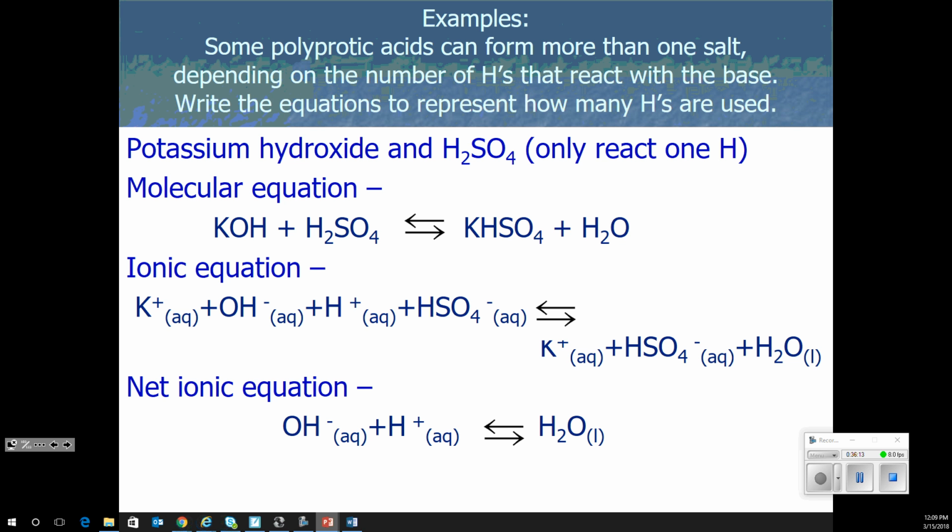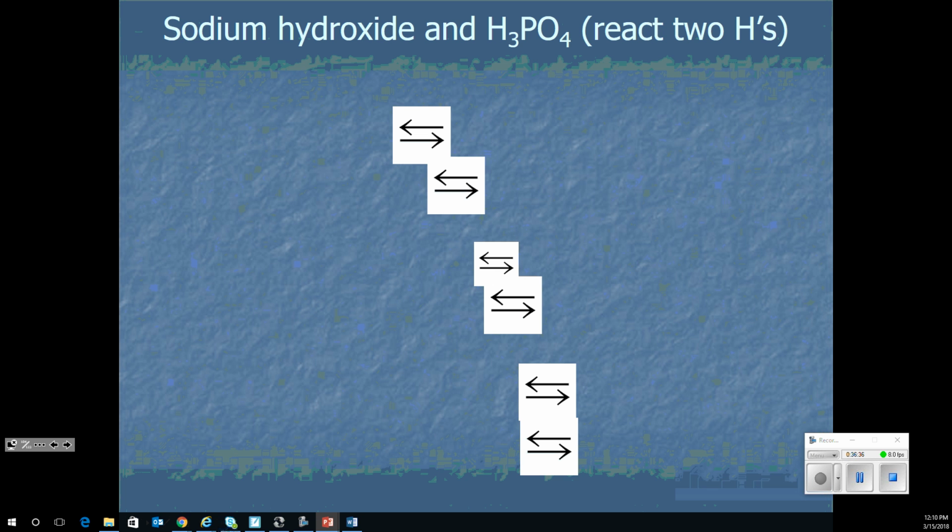All right, so this is going back to our molecular, ionic and net ionic equations. We can do that for acids and bases. Remember that the net ionic equation for an acid and a base is usually OH plus H yields H2O. Unless it's a weak acid or base, then you're going to have that weak acid or base in the net ionic equation because it will not split. It will not split on the other side.